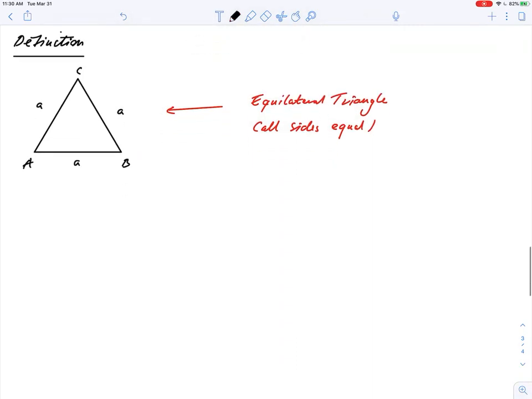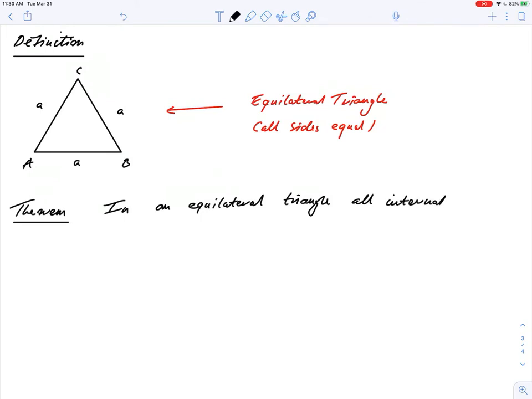Theorem. In an equilateral triangle, all internal angles are the same, and they're all 60 degrees.